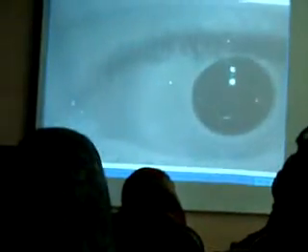Keep the eyes open. And you observe the nystagmus. That's spontaneous nystagmus. And then you just hold the head and gently go right.